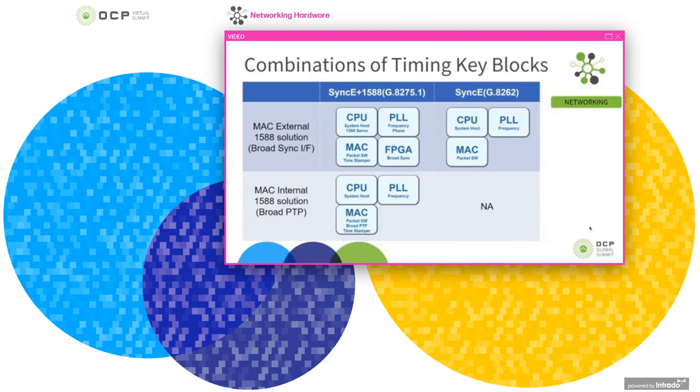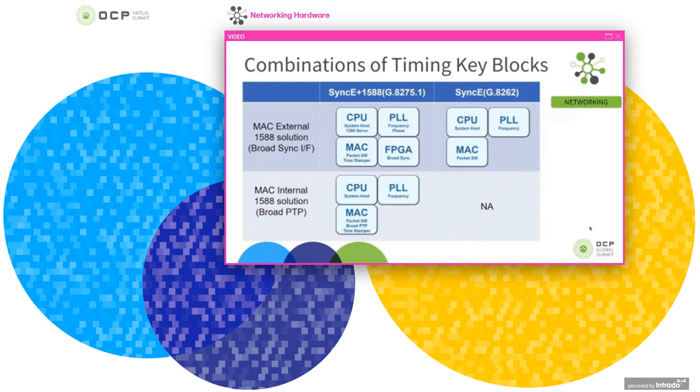And for the MAC internal solution, you can see the CPU is not doing other complex things, because all the timing synchronization and packet forwarding work on the MAC. The MAC will be the packet switch, and it runs a boundary clock PTP function, and it is also a timestamper.